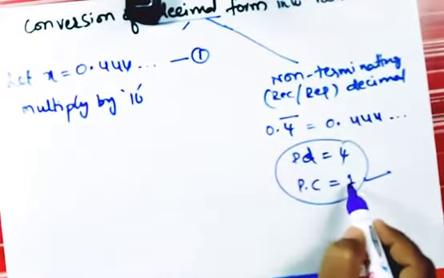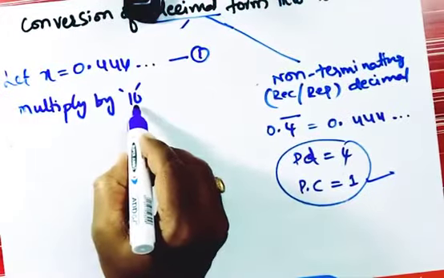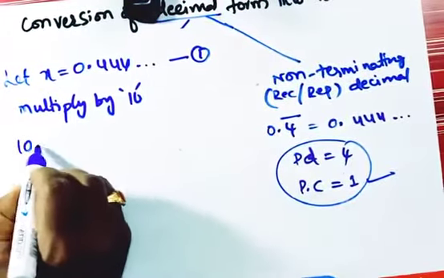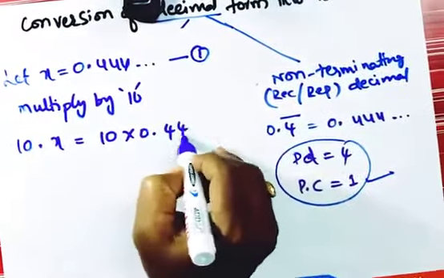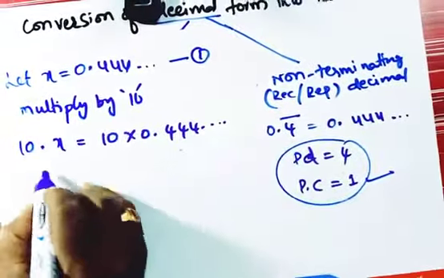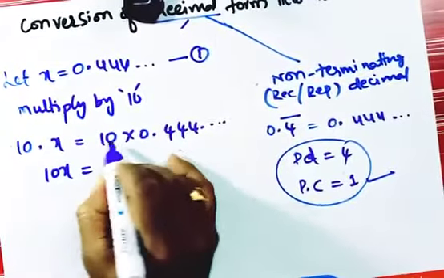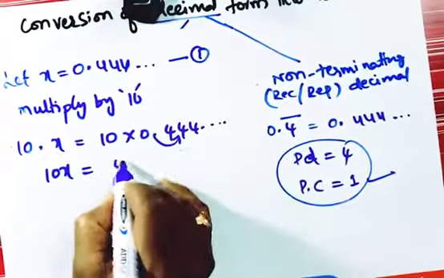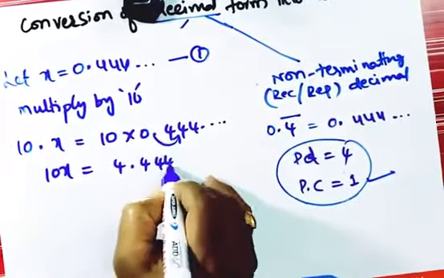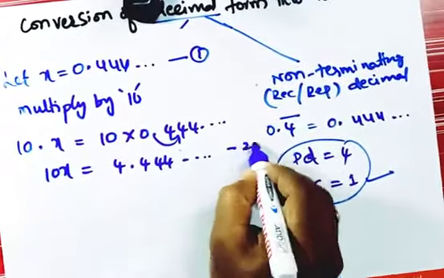Here only one digit is there, so I am multiplying with 10. So 10 into x is equal to 10 into 0.444, and so on. 10 into x you will get 10x. Multiplying the decimal number with 10, you should move the point to the right side, so it will become 4.444, and so on. This is the second expression.